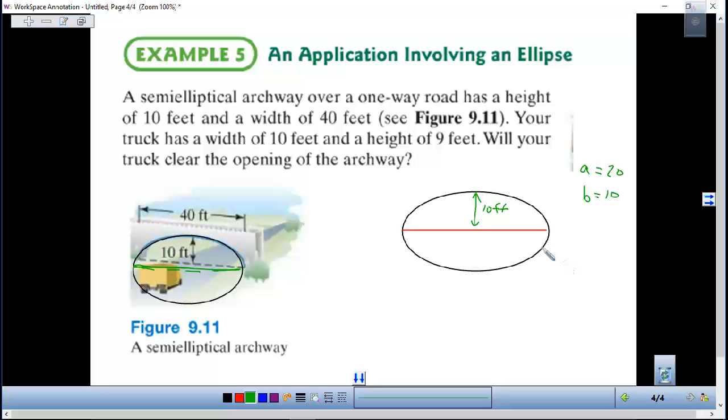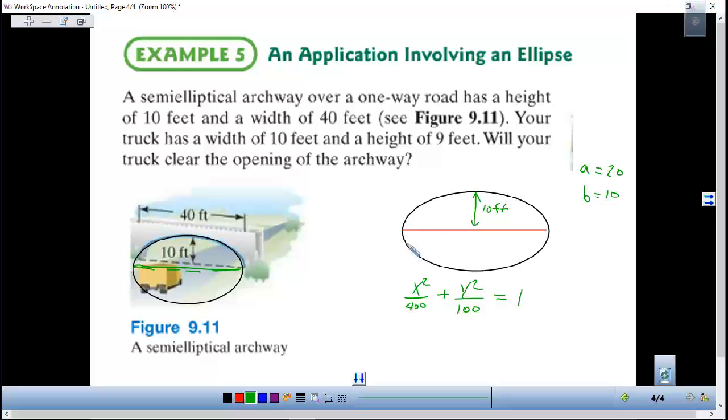So the equation for this ellipse can be defined by x squared over 20 squared, which is 400, plus y squared over 10 squared, which is 100, equals 1. That's the equation that defines this ellipse right here.